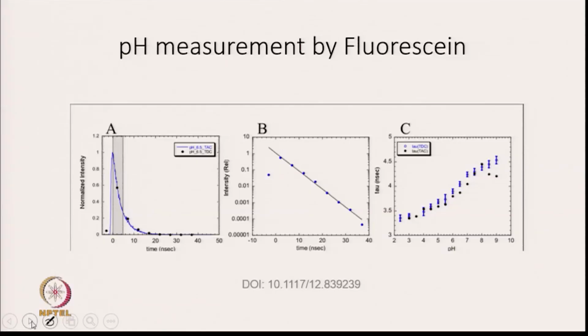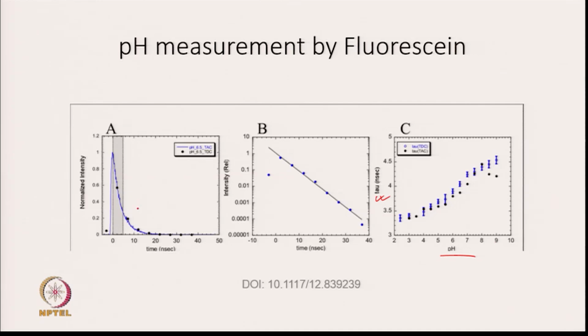And fluorescein lifetime is also dependent on pH, and this is your tau versus pH for fluorescein, and you can see that it is increasing on increasing the pH.